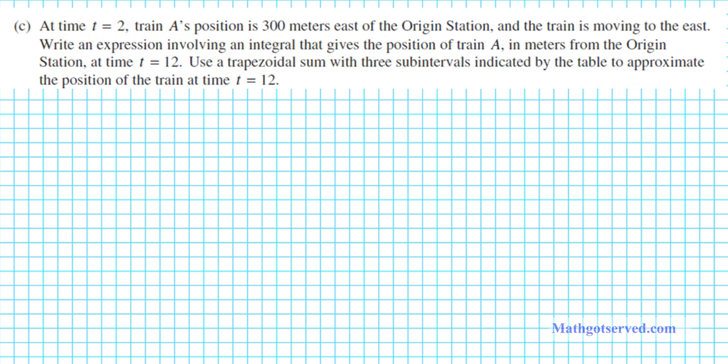Alright, so if you think about position and velocity, position is the antiderivative of velocity. So let's write down a formula. If we carry out the integral from a to b of the velocity v of t dt, that's going to give us the position, because the antiderivative of velocity is position.